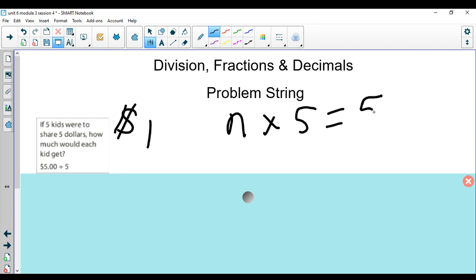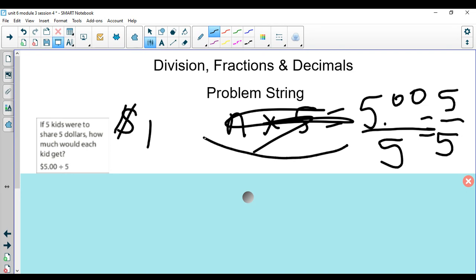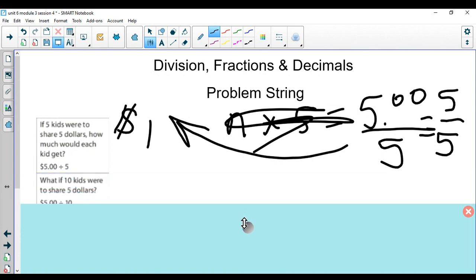What times 5 would give you $5? And that sort of helps your brain move through. And you can write that like this too. It's $5 divided by 5, which 5 over 5 is equal to 1, which carries you back to this.